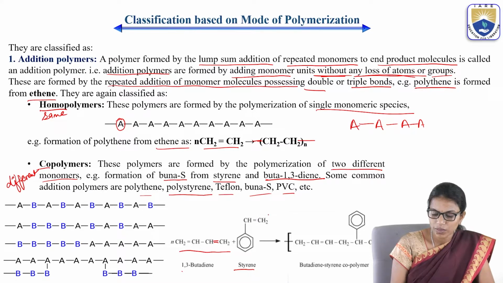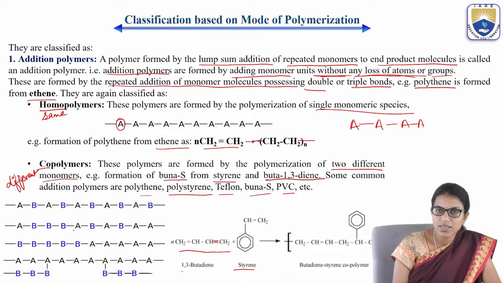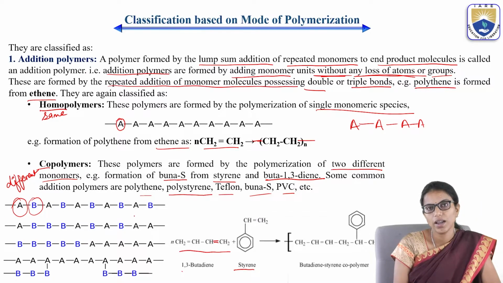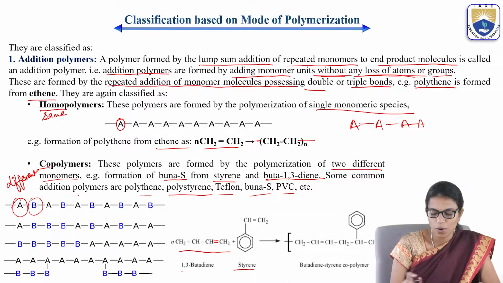But here Buna S will be the example of an addition copolymer. Like here, two types of different monomers are there, A and B, and they are repeated in this manner, then it will come under the addition copolymer.